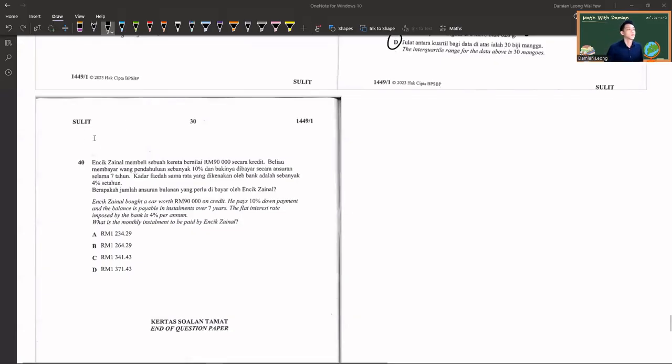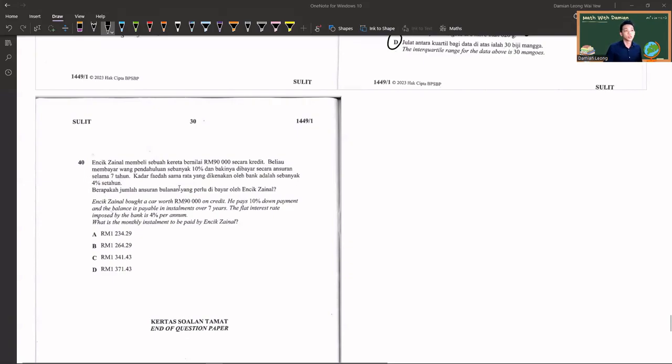Okay, question 40. Encik Zainal membeli sebuah kereta bernilai RM90,000 secara kredit. Beliau membayar wang pendahuluan sebanyak 10% dan baki dibayar secara ansuran selama 7 tahun. Kadar faedah sama rata yang dikenakan oleh bank adalah sebanyak 4% setahun.